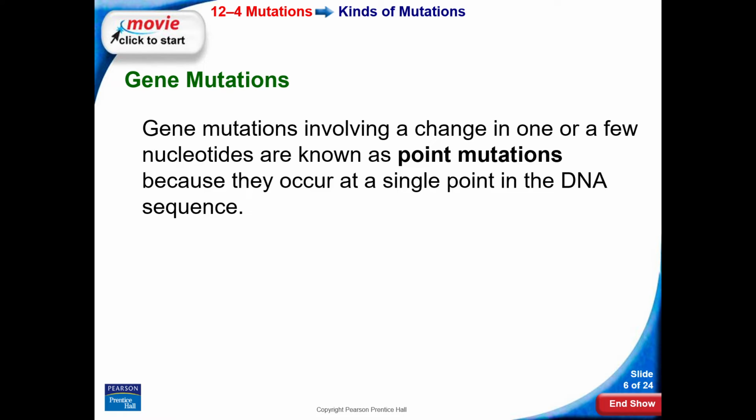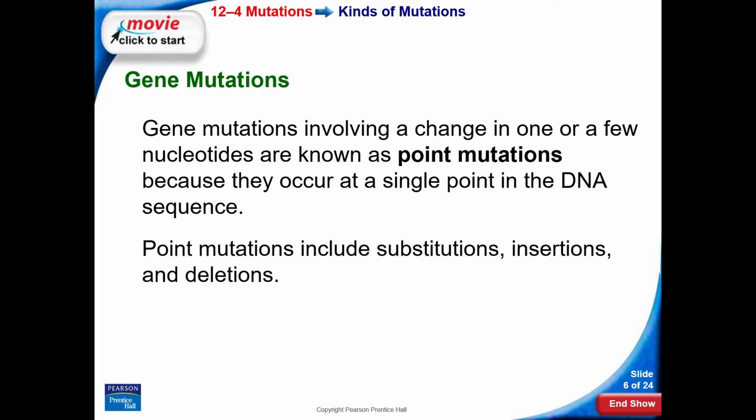Now, gene mutations come in a number of varieties. Those that are involving a change in one or a few nucleotides are known as point mutations because they occur only at a single point in the DNA sequence. So they happen at a very specific position on the particular gene sequence. Point mutations include substitutions, insertions, and deletions.